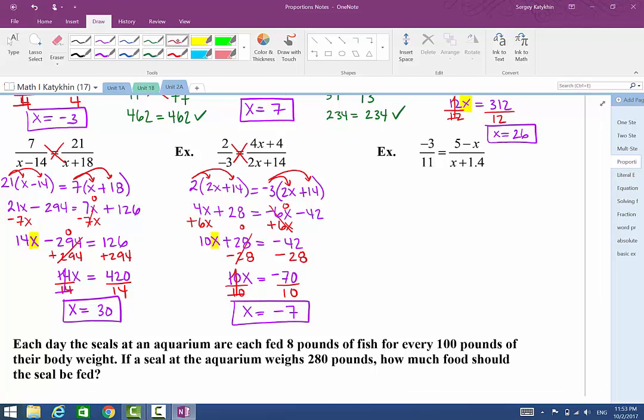Let's go ahead and look at a last example here. So what we'll do here is we're going to go ahead and multiply or cross multiply, because we have a proportion or a fraction equaling a fraction. So when I do this, I get the following.